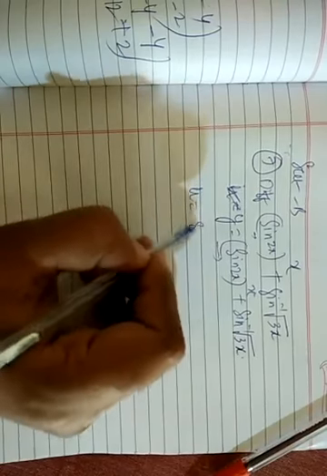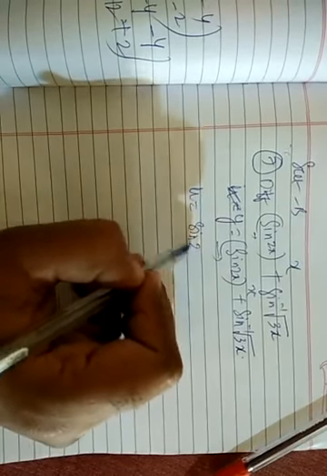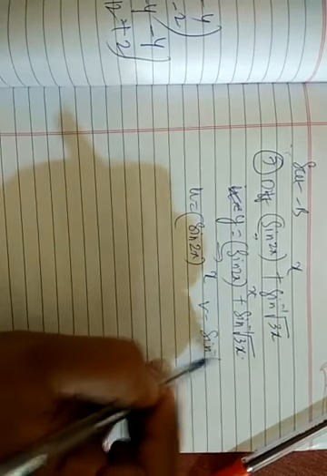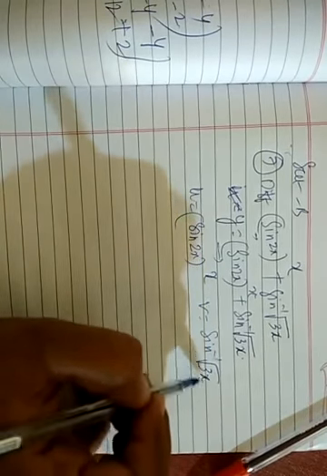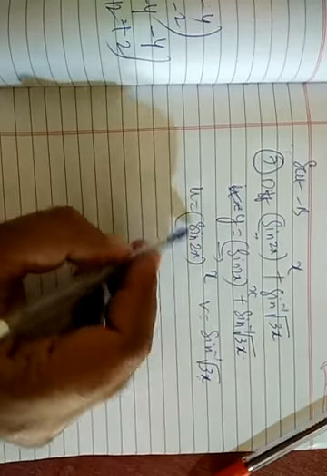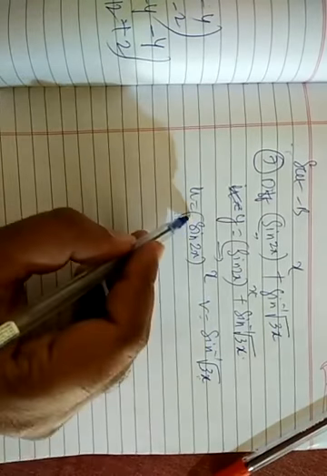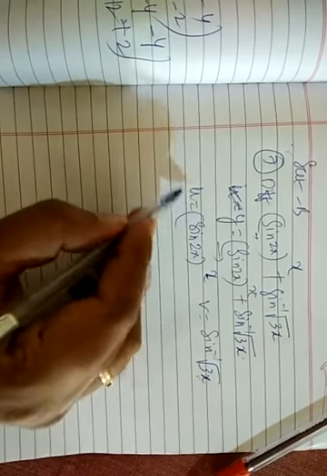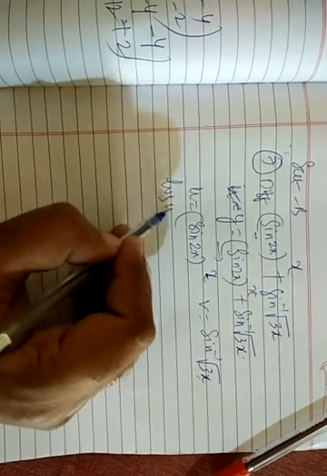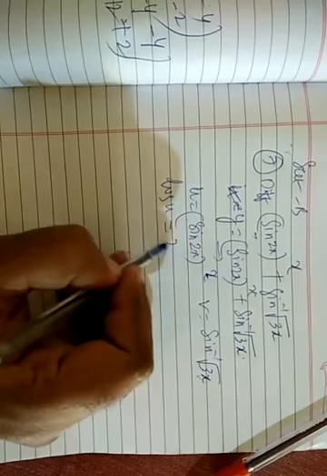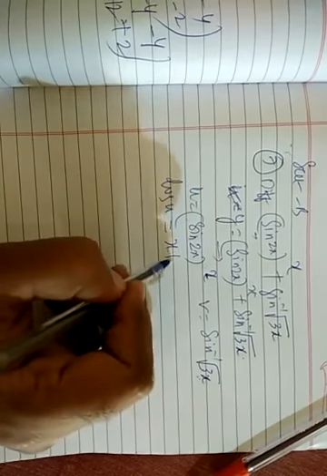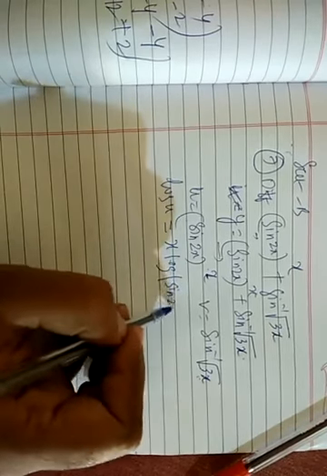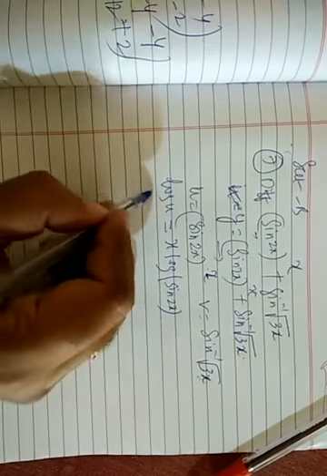This is sine 2x whole power x, and we are taking sine inverse of root 3 into root x also. Don't forget that. Now this has a power x, so that should be brought down, so I apply log. Always remember, when a power is to be brought down, I apply log, so x will come down, so you have x log of sine 2x. Now what is the differentiation?